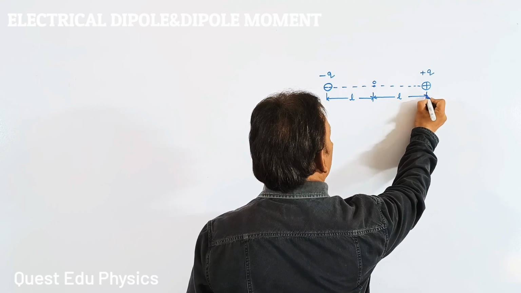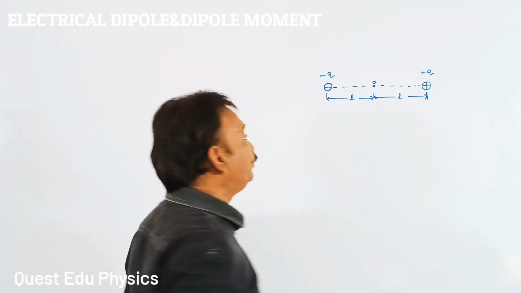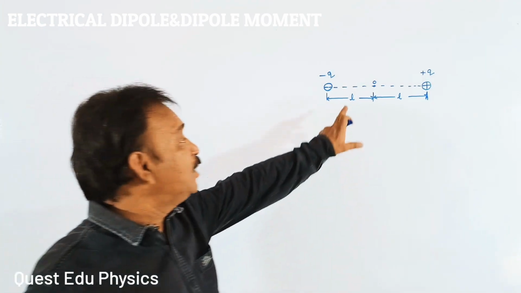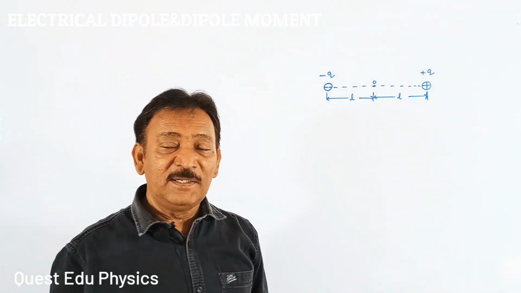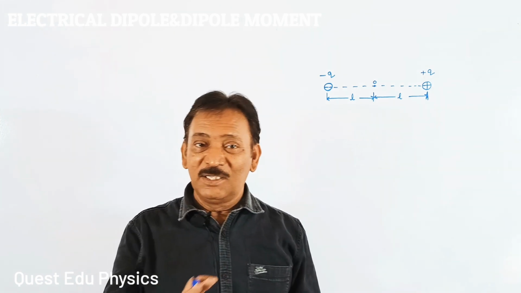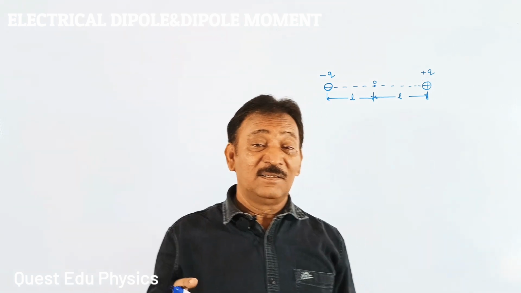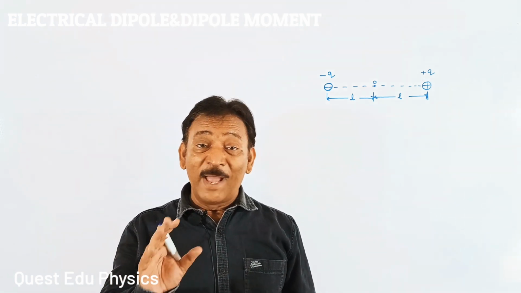The distance is equal. And this arrangement is known as dipole, students. Dipole means two charges separated by a fixed distance. The magnitude should be the same.